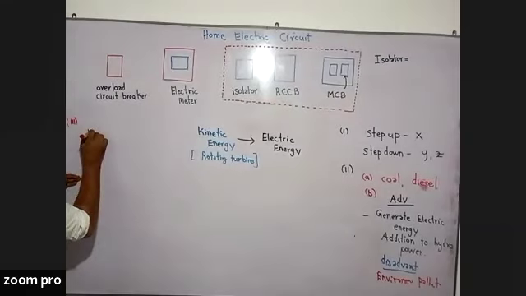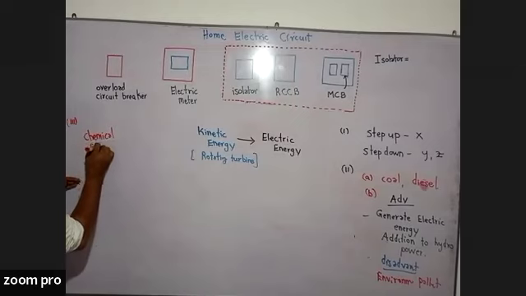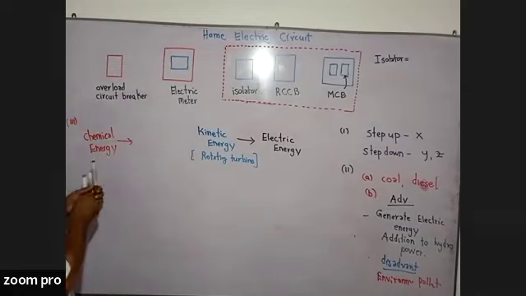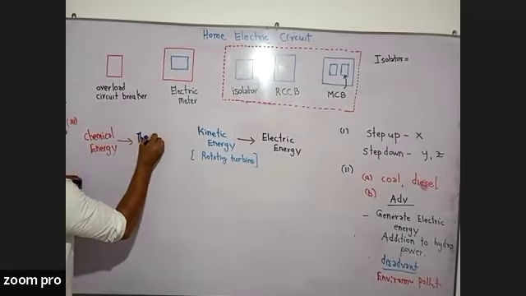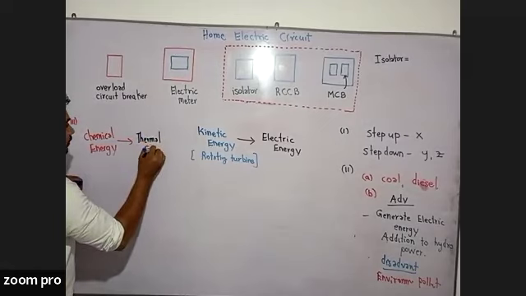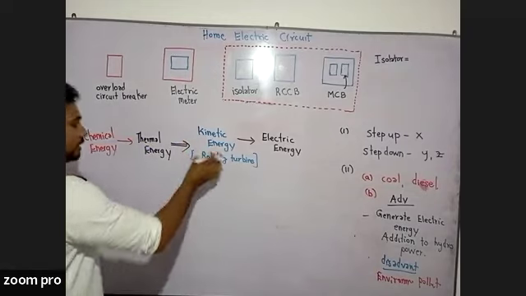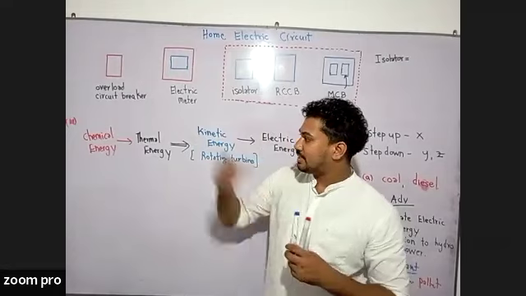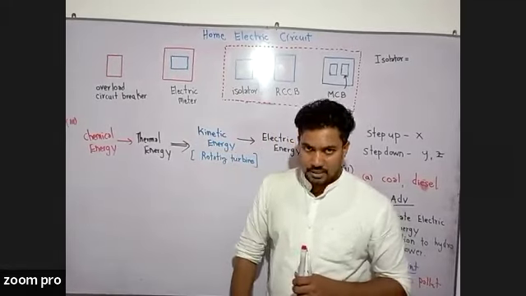So when burning coal, this chemical energy converts into thermal energy or heat energy. By using this thermal energy, we rotate the turbines. So that's the summary of energy conversion in a thermal power station.